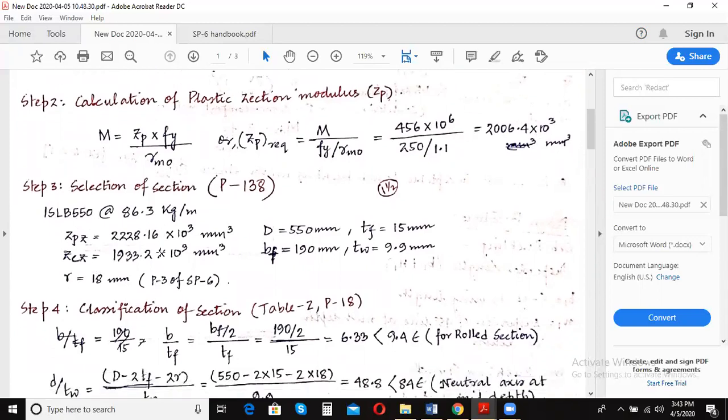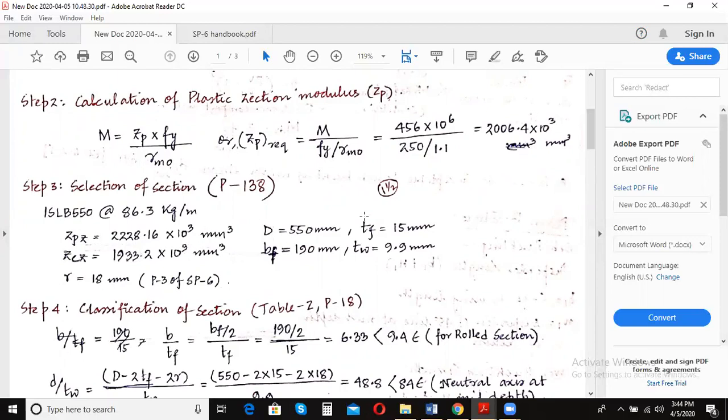While selecting a section, always keep in mind that it should have a plastic section modulus either equal to or greater than this. For ISLB 550, the plastic section modulus was 8.16 into 10 to the power 3 millimeter cube.